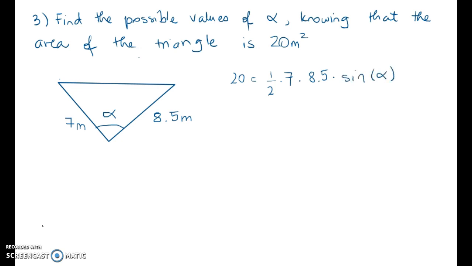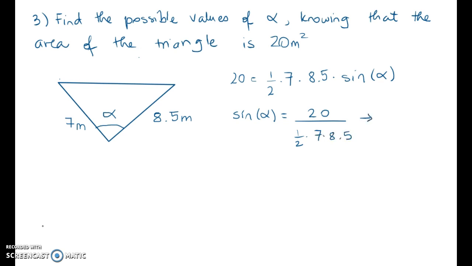If we isolate the sine of alpha, we get that 20 divided by a half times 7 times 8.5 is the sine we are trying to find.